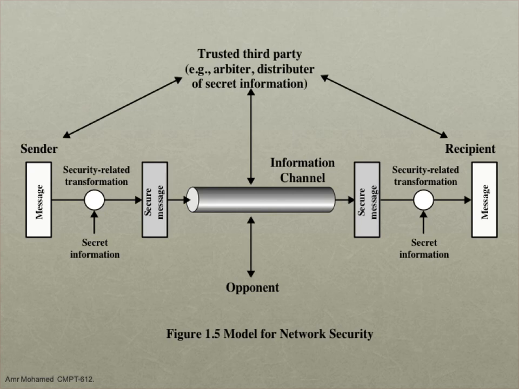Okay? So this secure communication, or this secure message, needs to have the proper mechanisms, or security labels, in order to make sure that this opponent will not be able to open this secure message and get what's inside. Okay?